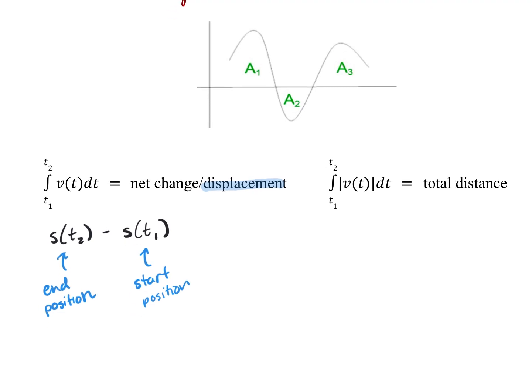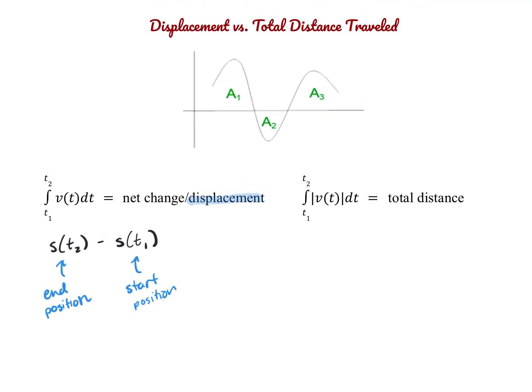Now, if we think about this integral in terms of the graph above, this is our velocity graph here. Remember, if we're taking the integral of it, it's the area under the curve, or between your curve and the x-axis.